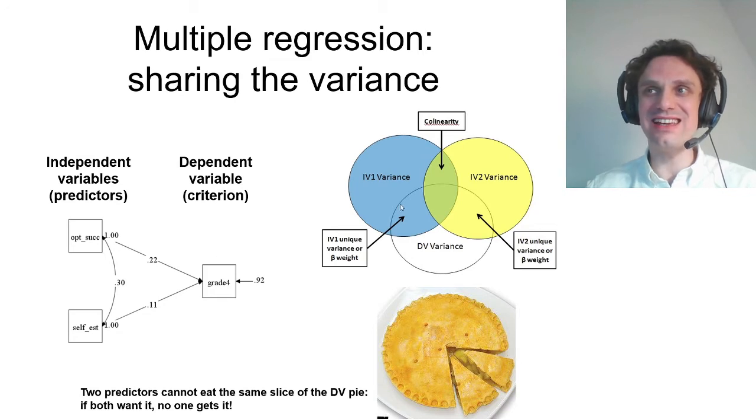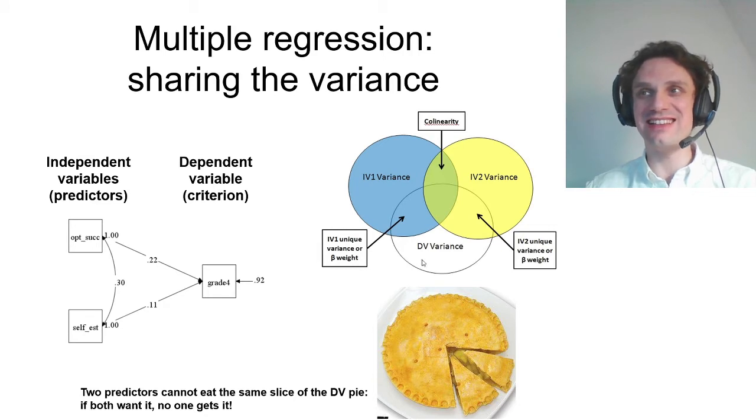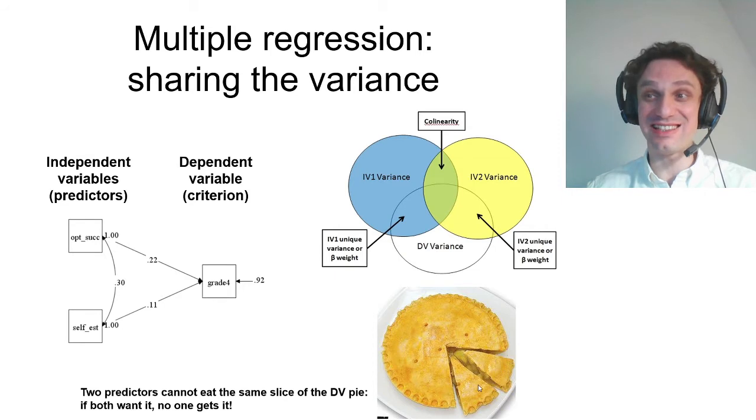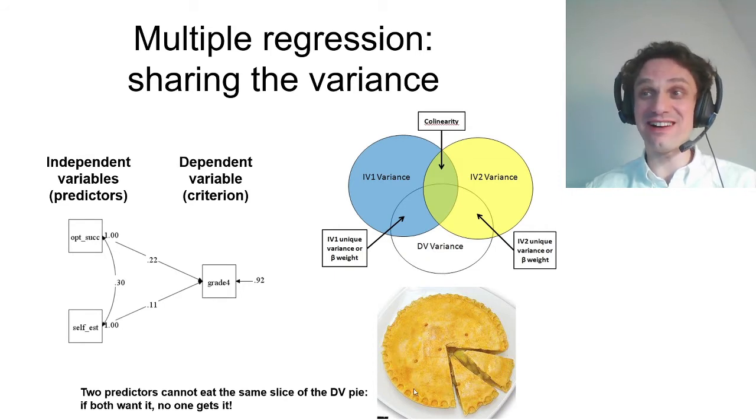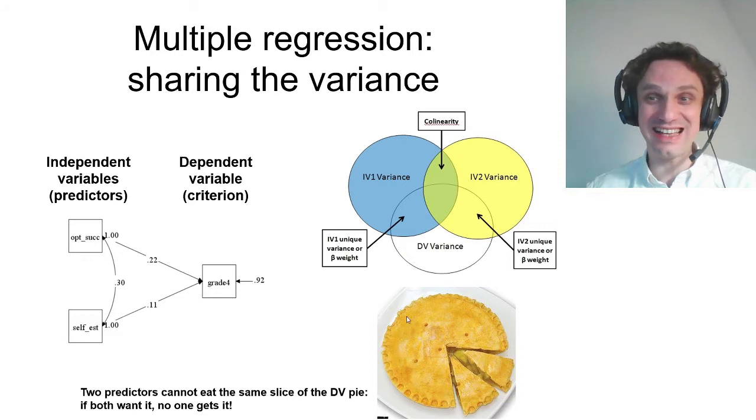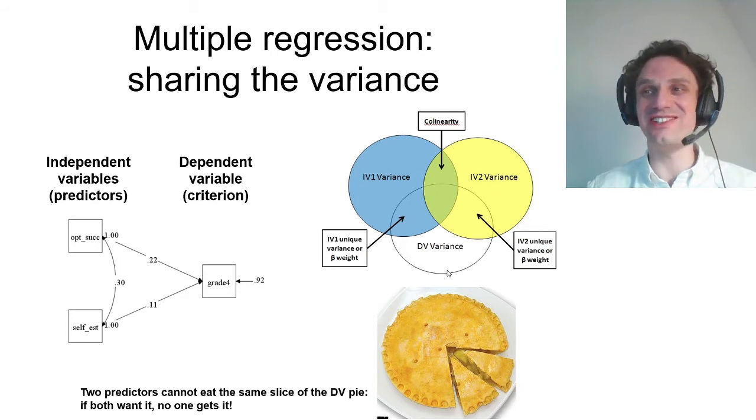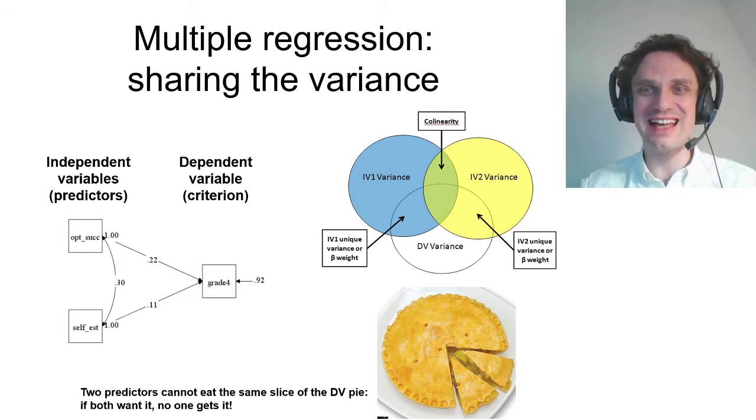And essentially, imagine that this dependent variable variance is like a pie. So we are trying to separate this pie into two slices for two predictors, and the part that no one has claimed, the part that is not going to be eaten by any predictors, is a residual part of the pie.